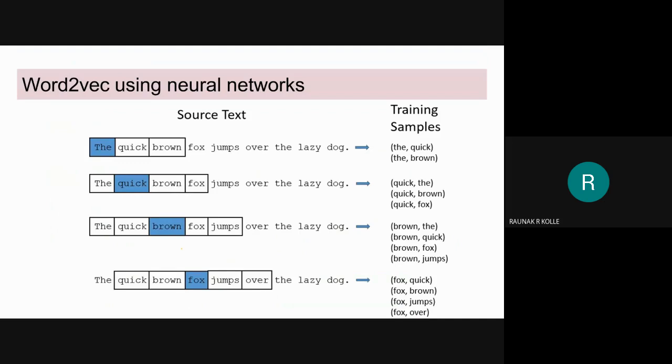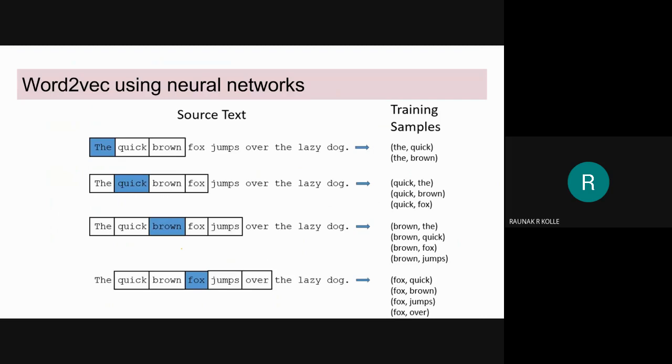Using word to vec in neural networks. Using word to vec, we can see that the sentence, the quick brown fox jumps over the lazy dog, can be trained to give the quick and the brown as training samples.